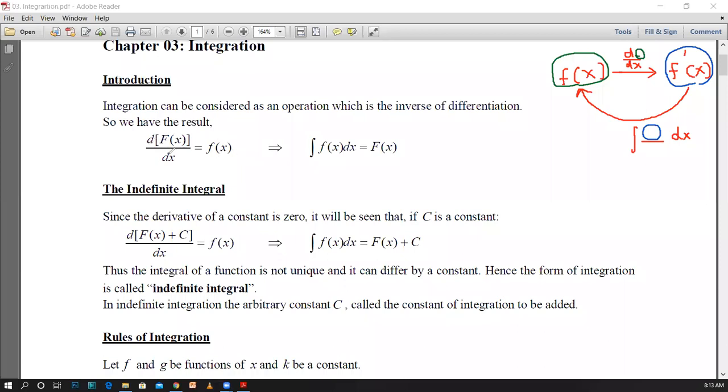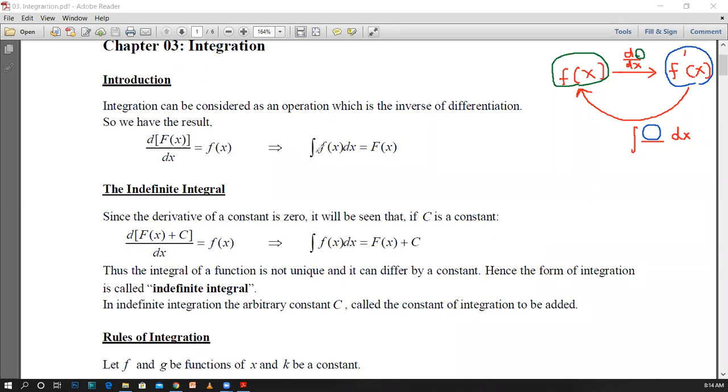Now, in integration, if you are given f(x), you would be able to identify this F(x). This is the fundamental idea of integration.